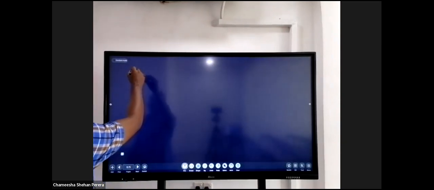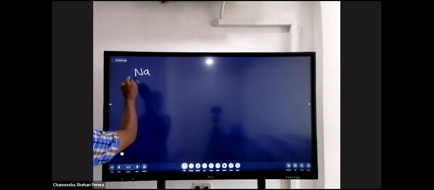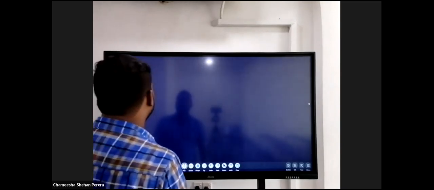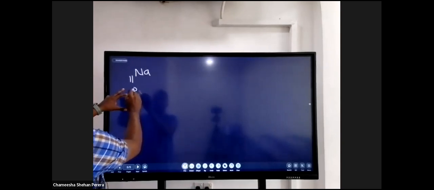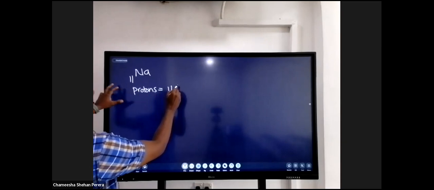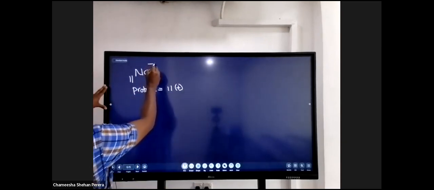Here we have sodium. The atomic number of sodium is 11. When you see the atomic number, you know the number of protons. The number of protons has to be 11, and those are positively charged. You look at the right hand top corner.